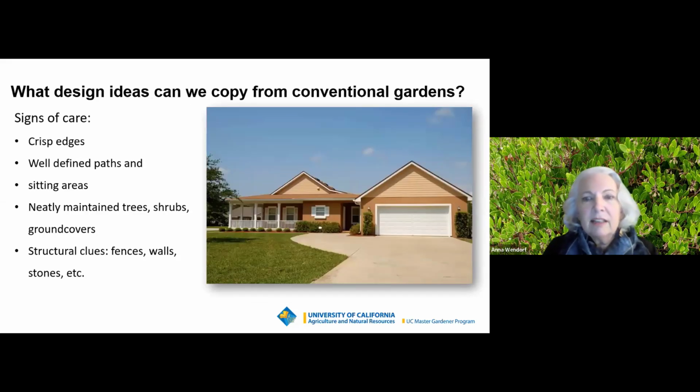Here's a typical suburban yard. Some of the things that are important about our yards is that we want it to feel like people are taking care of it. We want it to feel intentional.